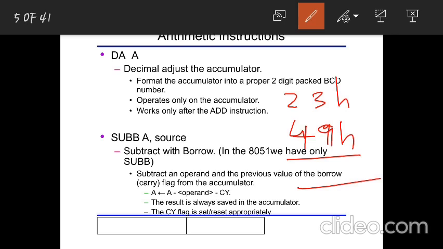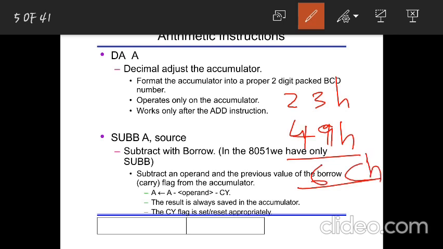Try to solve it with a pen and paper, convert them into binary and add them. The answer you get will be 6C in hexa.